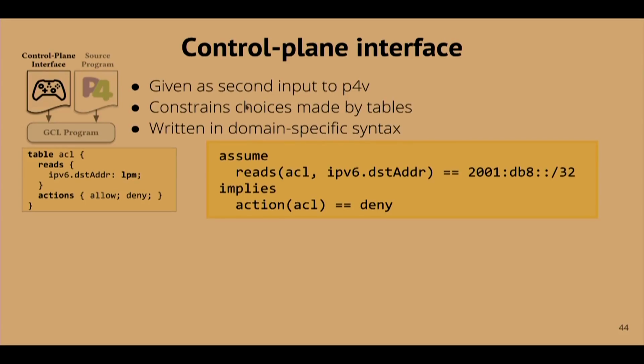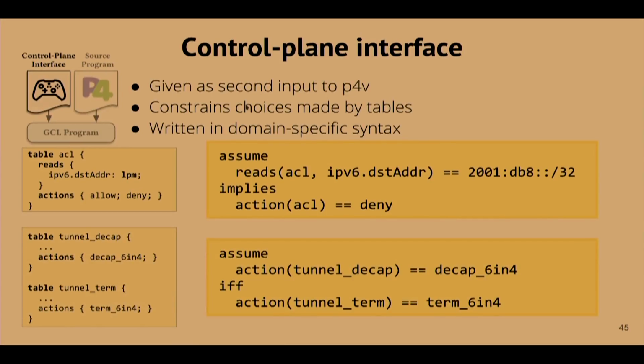For example, this particular annotation says that a certain rule is inserted into a table. More generally, though, annotations can be abstract or symbolic. Here's an example of a rule that expresses coordination between two tables. One table decapsulates a tunnel header exactly when another table terminates that tunnel.